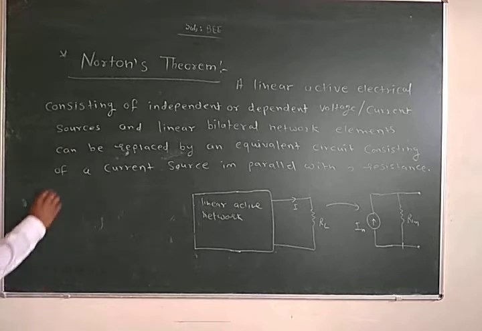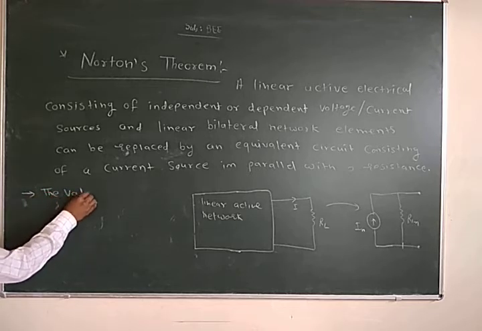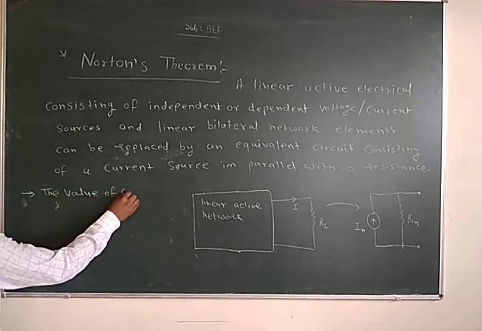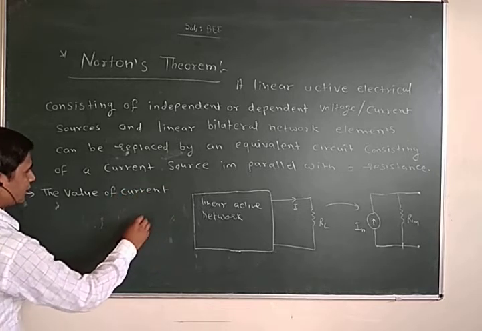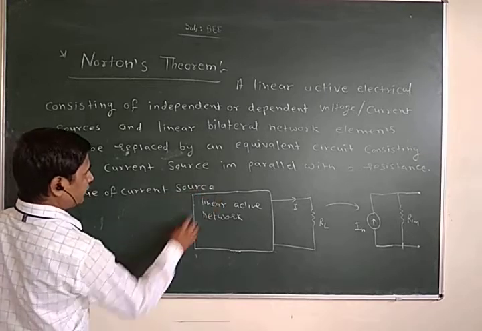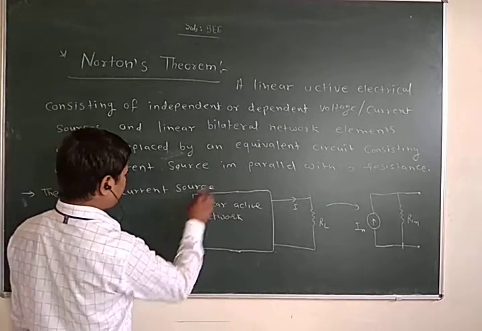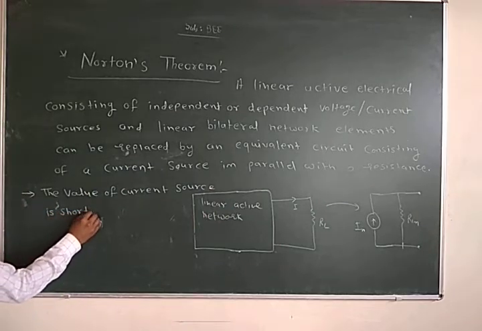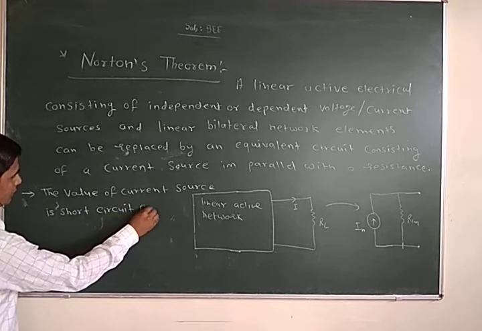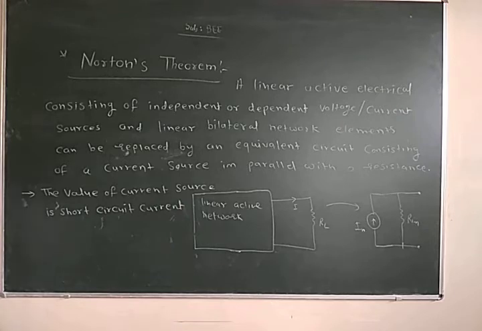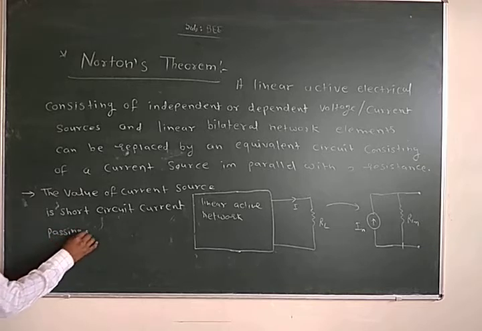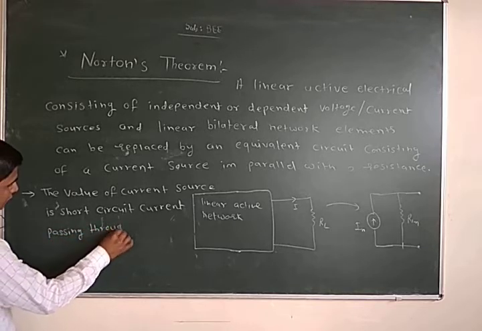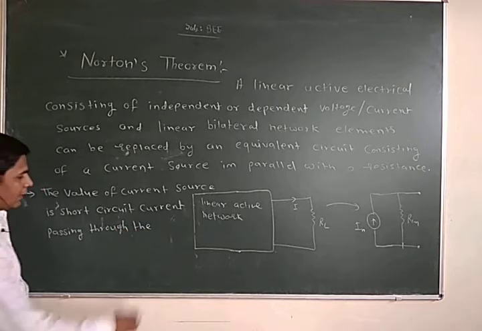Now the value of the current source is the short circuit current flowing through the shorted load terminals.